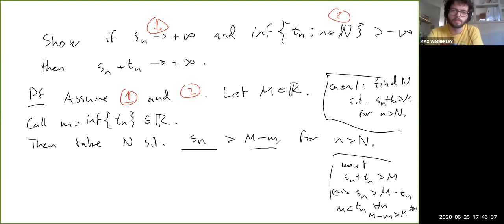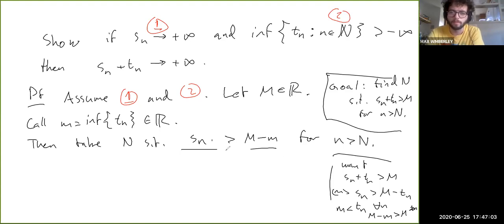So this is going to be a very large number overall because we're subtracting this large negative value from it. That forces Sn to be really big to compensate, but that's exactly how it should be. Little m is basically the worst case scenario of how negative Tn could be, and we shift Sn to make sure it always compensates for that.